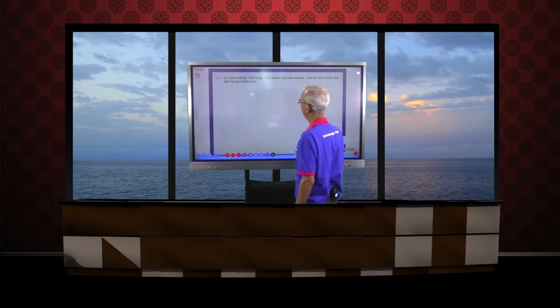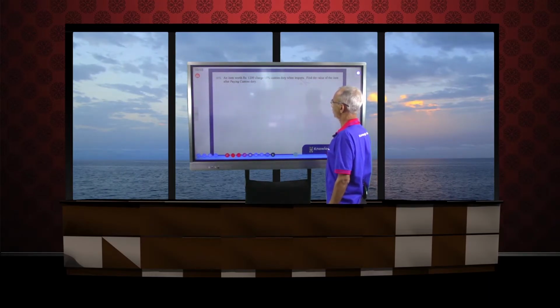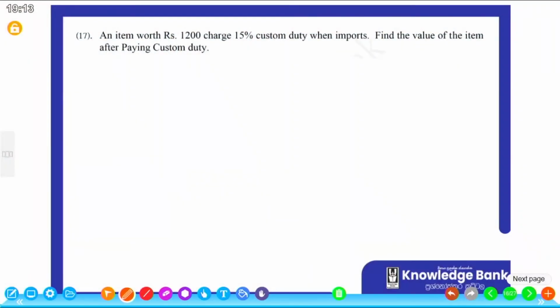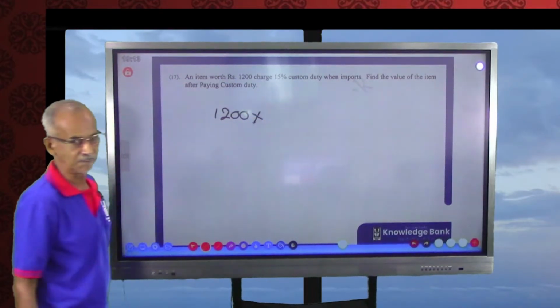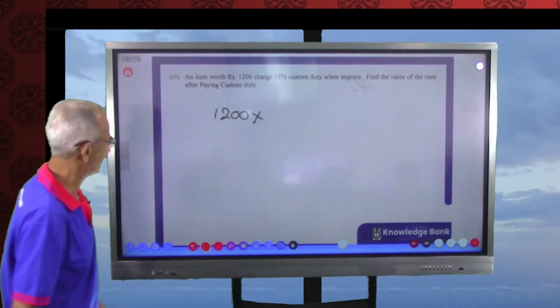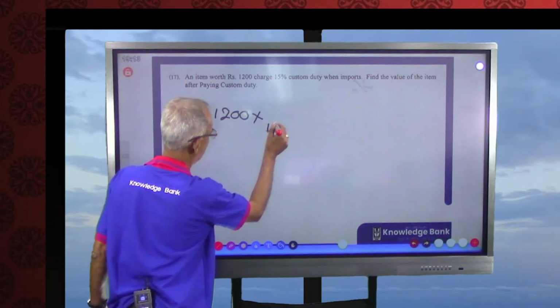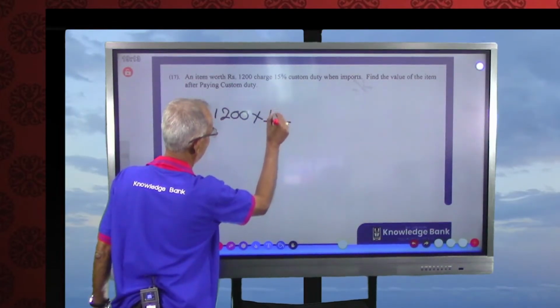An item worth 1,200 rupees is charged 15% custom duty when imported. Find the value of the item after paying custom duty. The value of the item is 1,200 rupees, multiplied by 115%, since for 100 rupees we have to pay 115. Let's simplify this: 12 into 115 is 1,380 rupees.